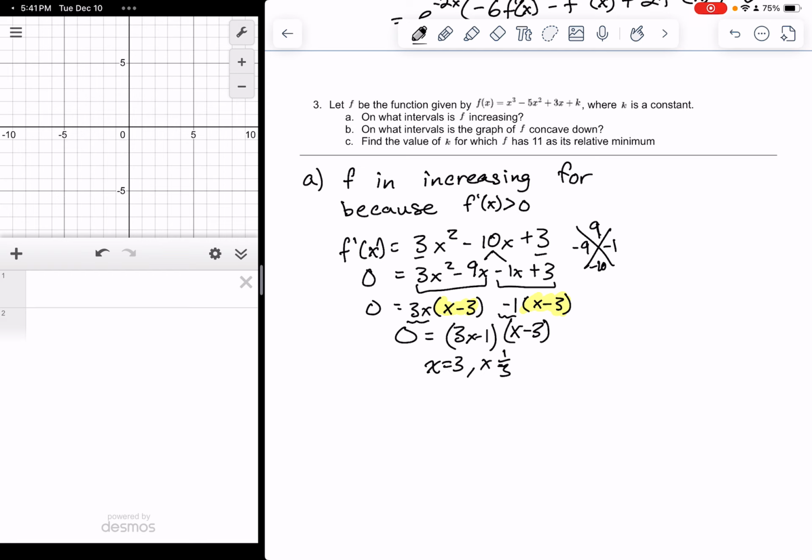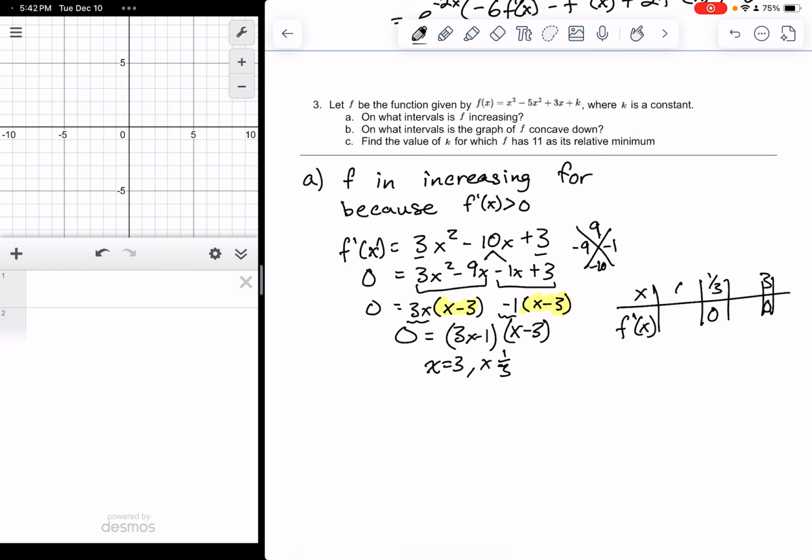Now, if I were to think of this, I'm going to have a sign chart where I have x and f prime of x, and I'm stopping at 1/3 and at 3 because it hits 0 at each of those points.